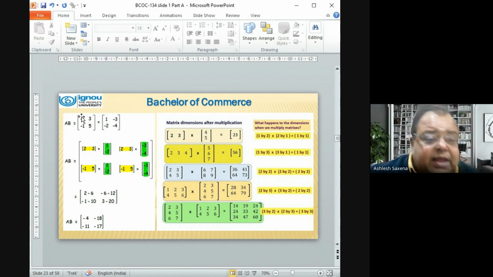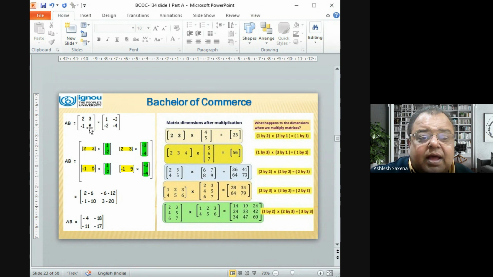I said it will be multiplied this way: left to right, top to bottom, left to right, top to bottom, again left to right, top to bottom, left to right, top to bottom. In the second row, it will be left to right, top to bottom.